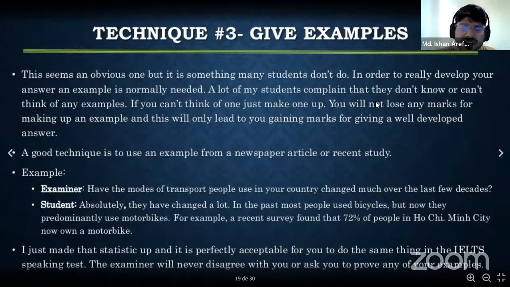It can be from a survey or it can be from your real life, your personal life. It can be anything. You can say that, for example, I have been using the bus for my college life and for my school life, but now I try to ride a bicycle.